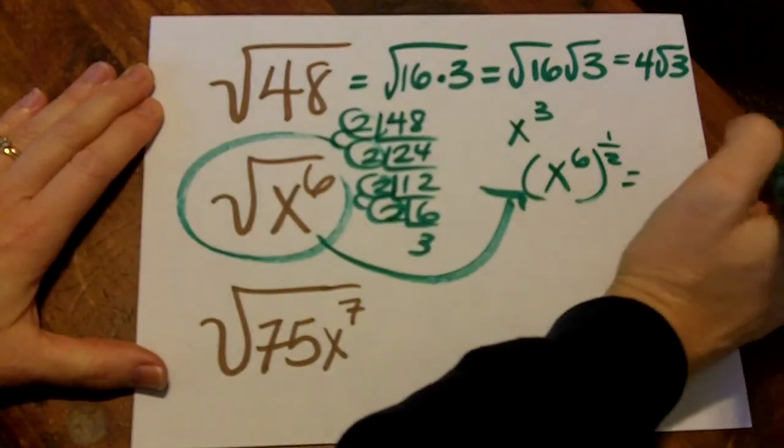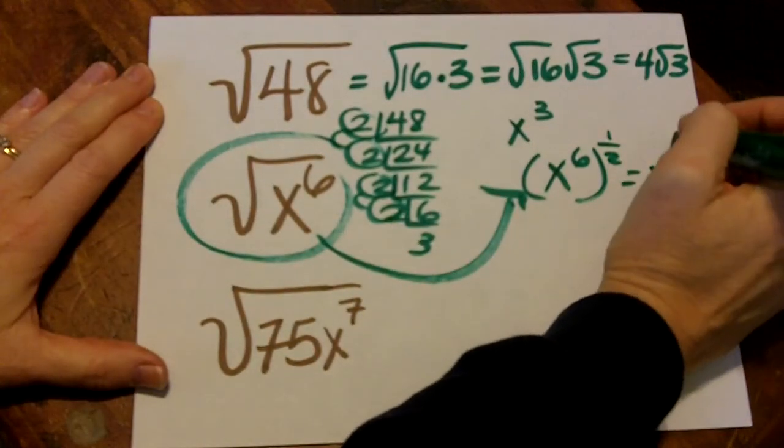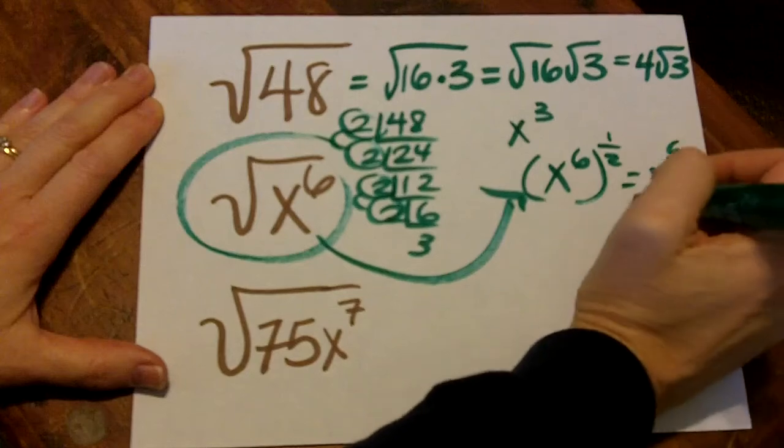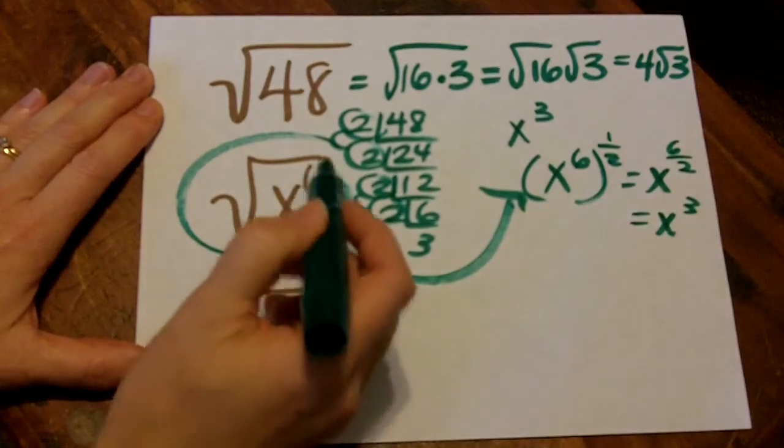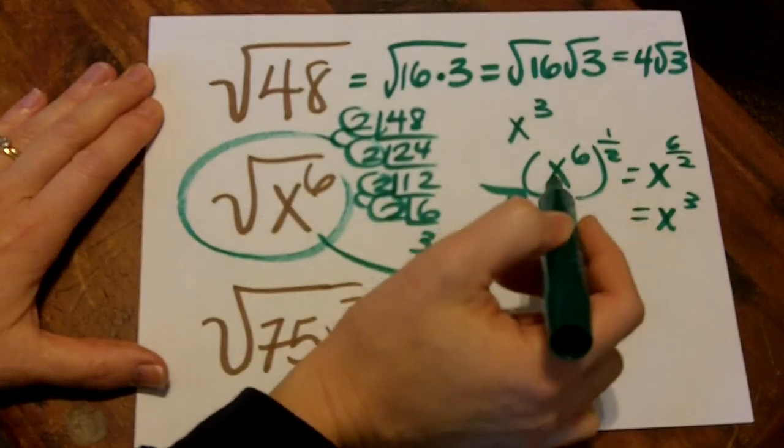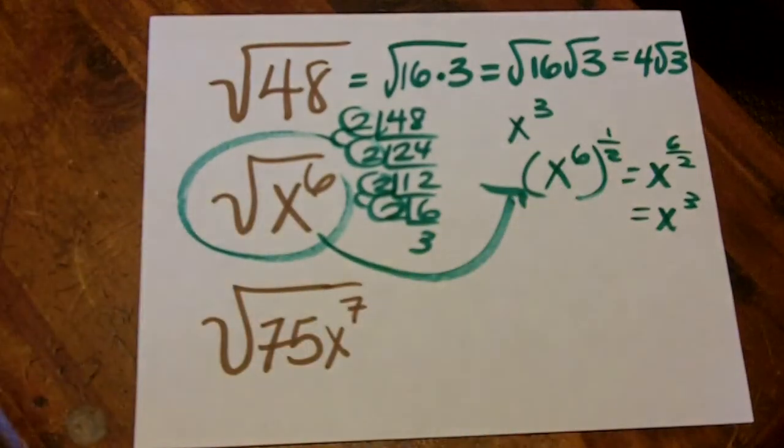Obviously that would be the same thing as x to the 6 over 2, which is the same thing as x cubed. So that's kind of the mentality that goes behind it. And the rules of exponents that you learned in Chapter 8 wouldn't hurt you as well, but you're just dividing the exponent in half and pulling it out.